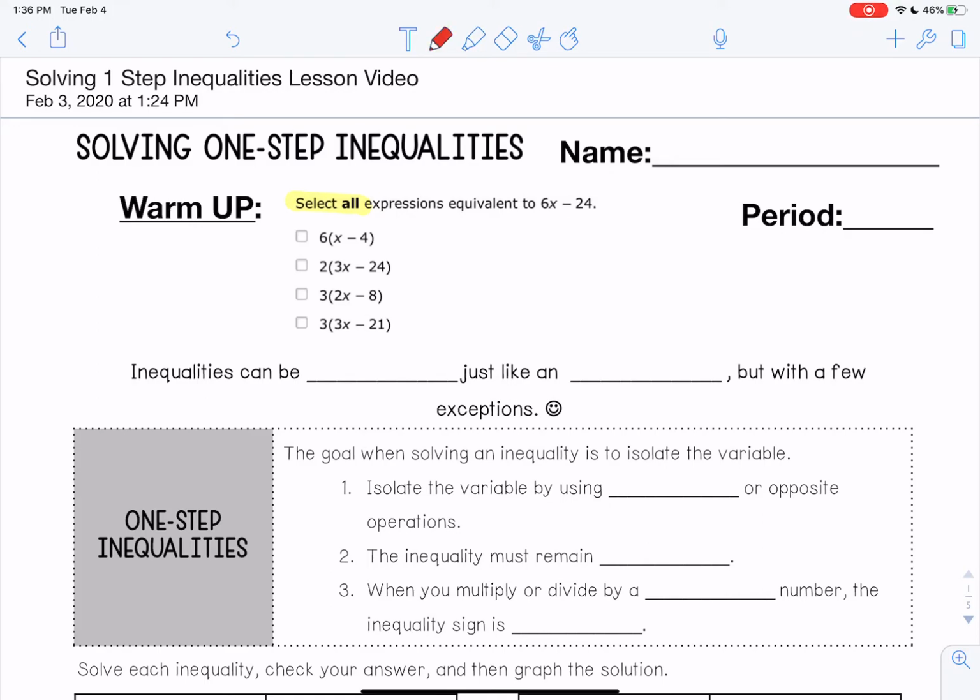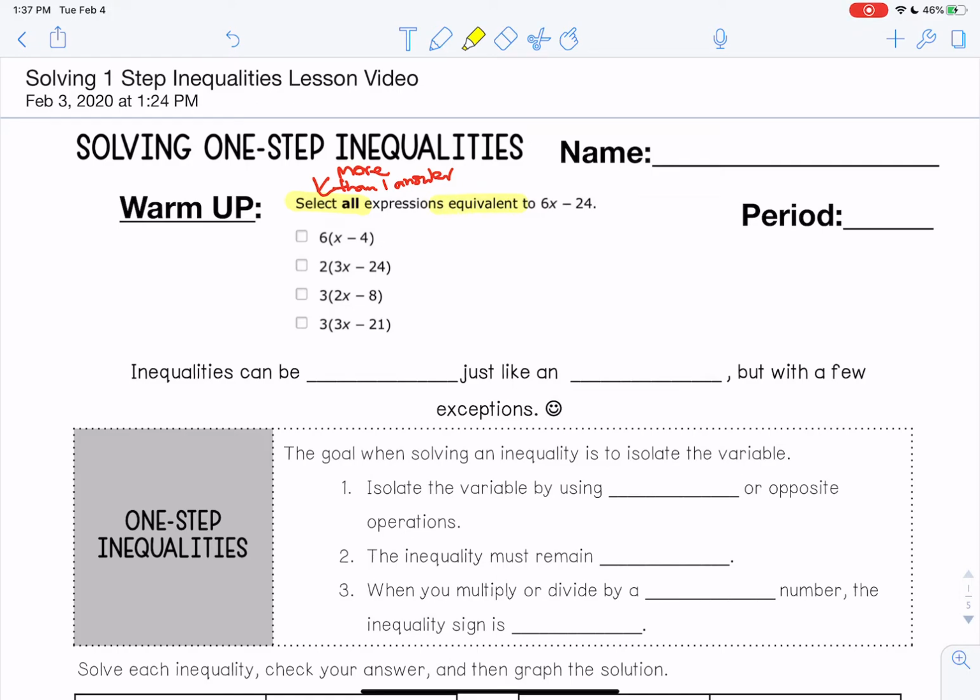So there's a couple of things I want to look at. First of all, anytime a problem says select all, that means there's more than one answer. Now, the other thing I want to take a look at is the word equivalent.